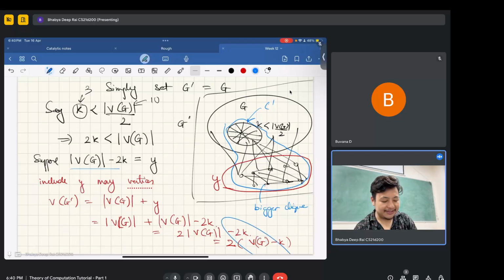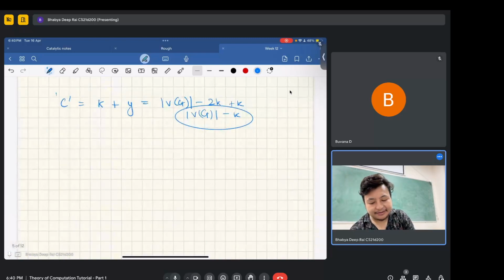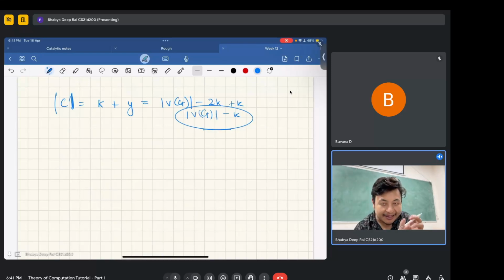So we can already see that this is the size of the graph G prime. And this is the size of the new click, which is V of G minus K. So this is exactly half. And if there was no click of size K, then we would not have obtained this.